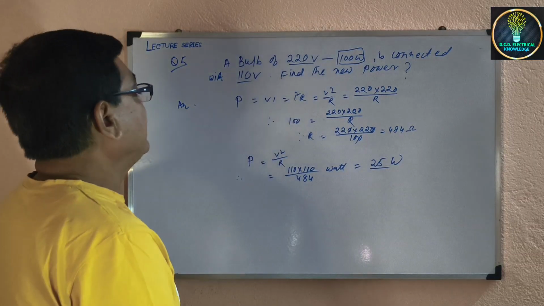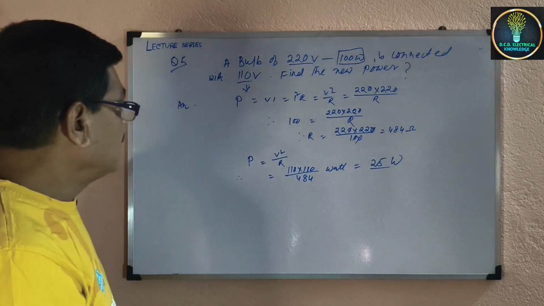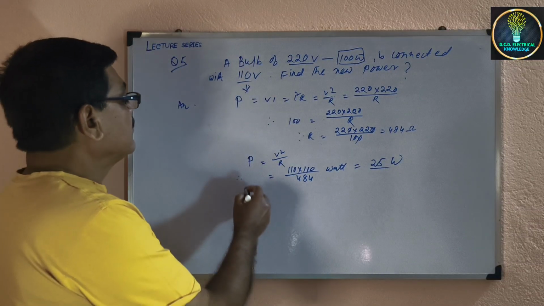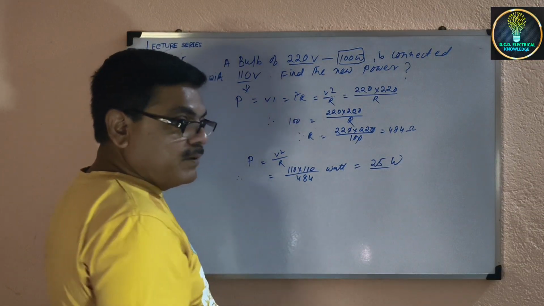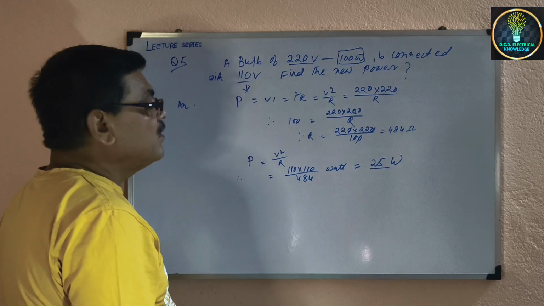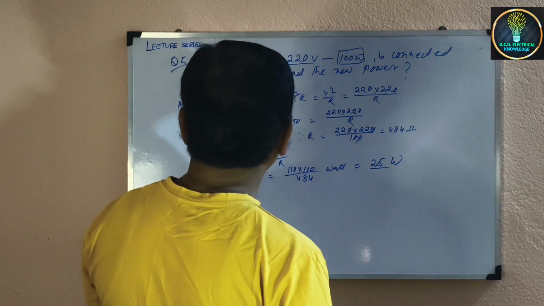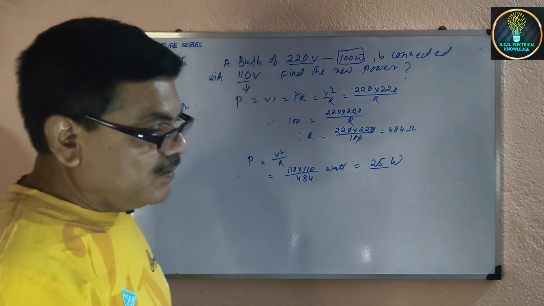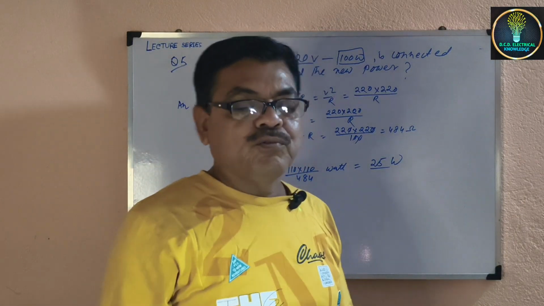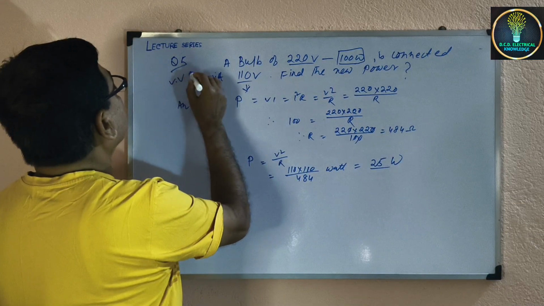So it is clear that at low voltage the power consumption of the bulb is reduced. Okay, hope it is clear to all. This question is very important.